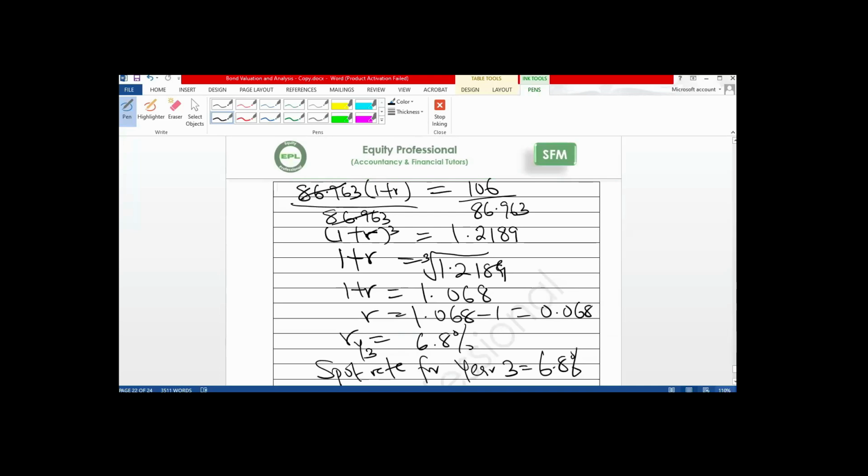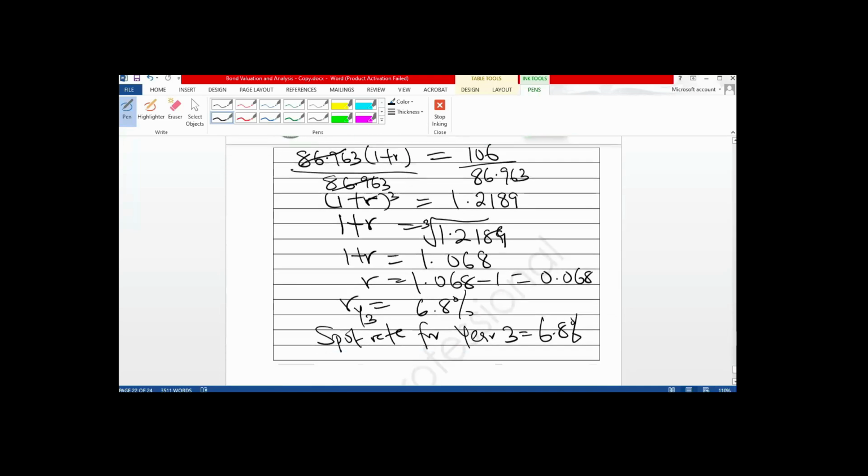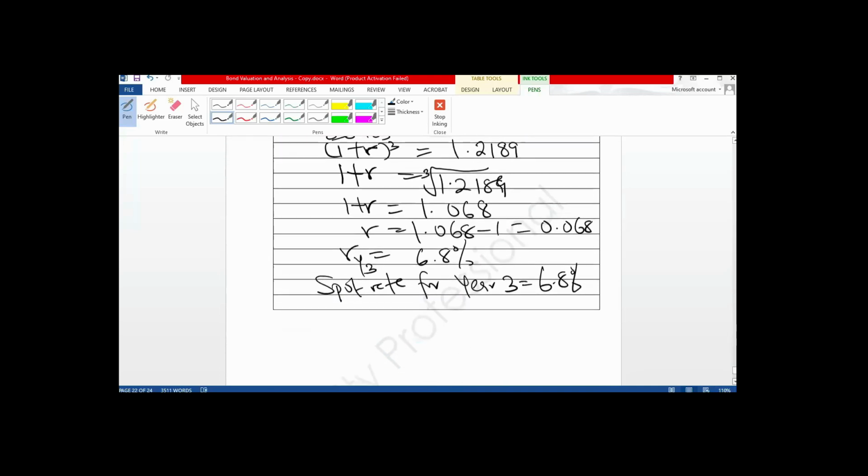If you use the formula, P is equal to cash flow in year 1 over 1 plus R in year 1 raised to power 1, plus cash flow in year 2 over 1 plus R in year 2 raised to power 2, plus cash flow in year 3 over 1 plus R in year 3 raised to power 3.